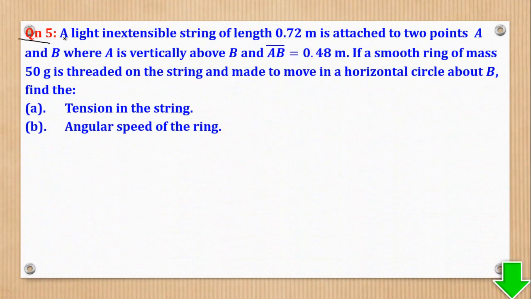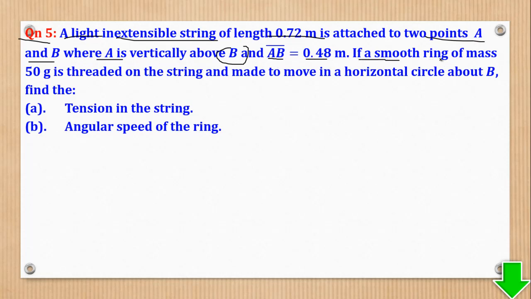Question 5. A light inextensible string of length this is attached to 2 points, A and B, where A is vertically above B and AB is 0.48 meters.